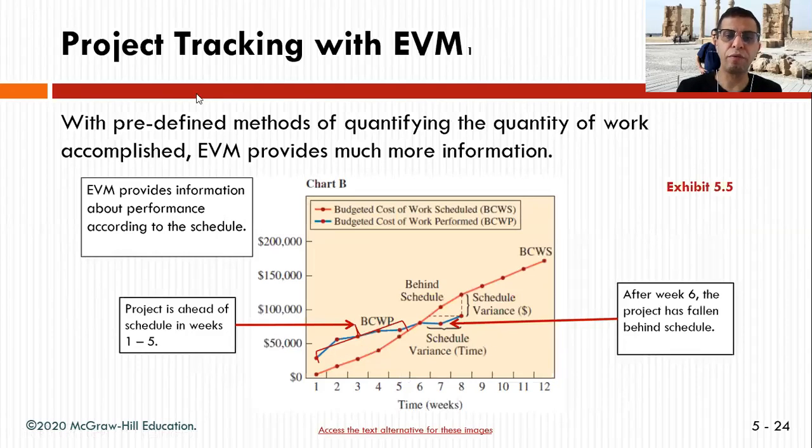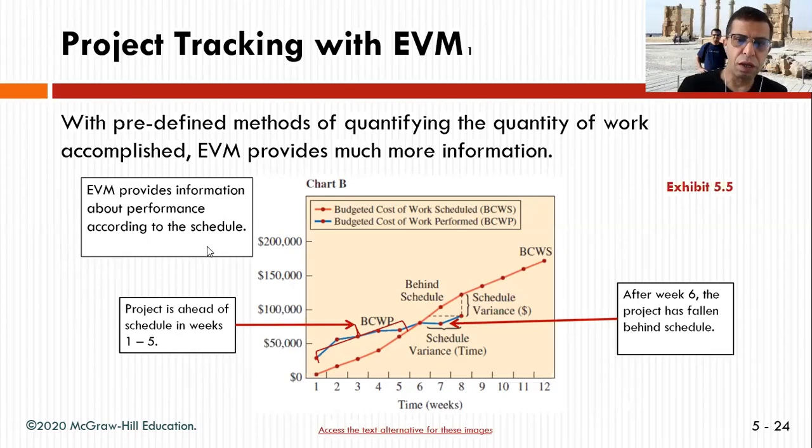But when you are involving project tracking with the EMV, with a predefined method for quantifying the quantity of work accomplished, EMV provides much more information. You need to see what work you quantify. You put units of delivery and you put a value on them.